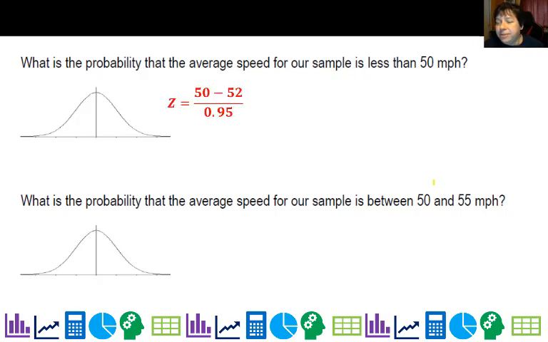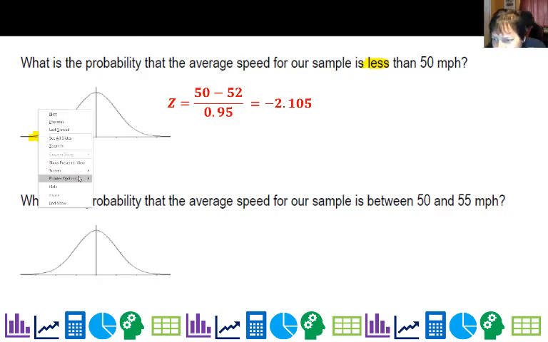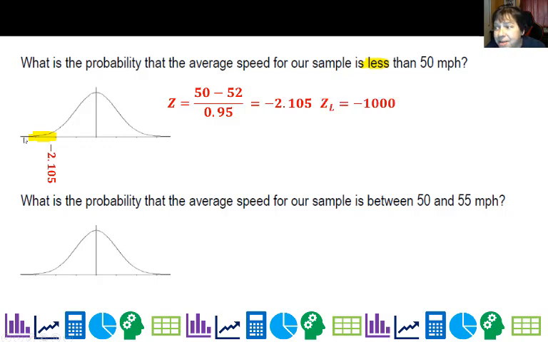So I'm going to calculate a z-score for 50, get negative 2.105, and it's right about there. I want less, so it's this left piece. So the left boundary is way over here to the left. All right, pretend I can get over there. So the left is way over here somewhere, so we're going to say it's negative 1,000.